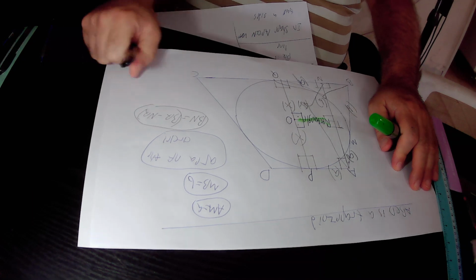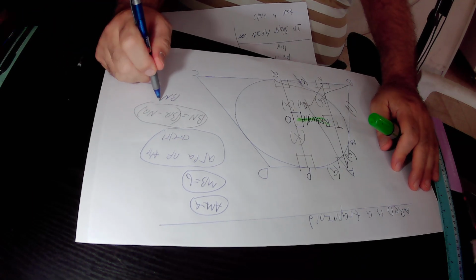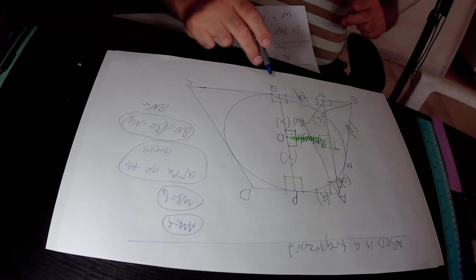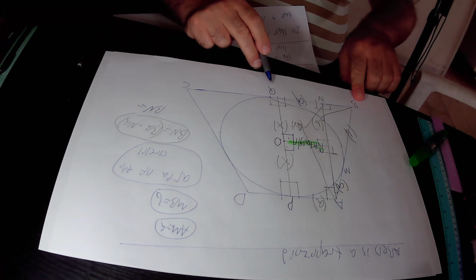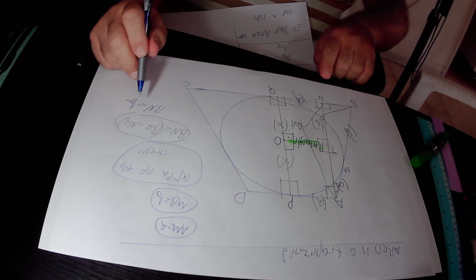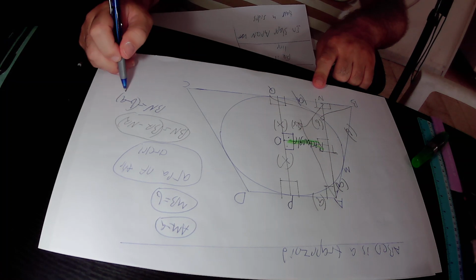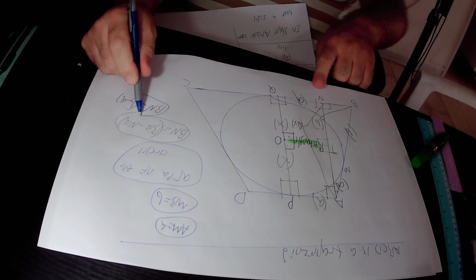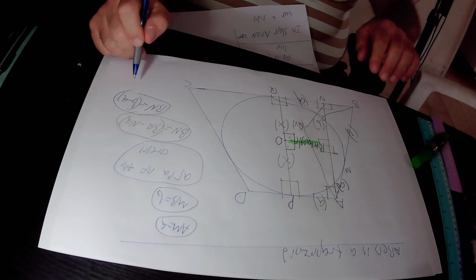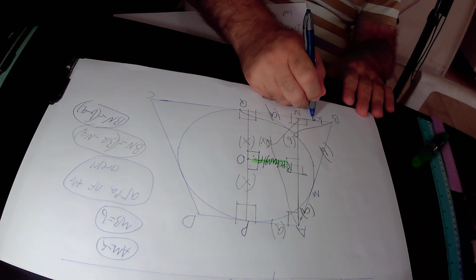BQ, according to rule 2, equals b, minus NQ, and NQ equals a. So in total we found that the length of the missing side BN is equal to b minus a units.